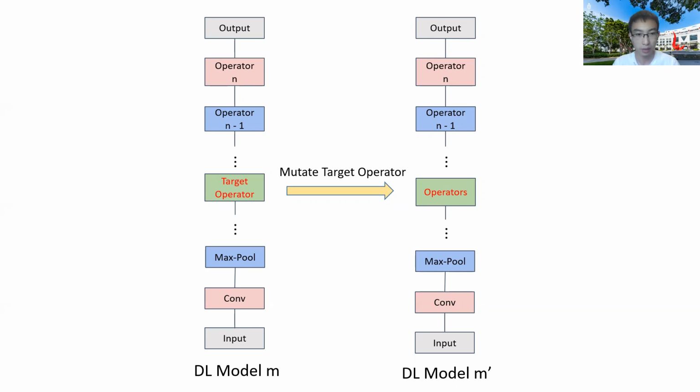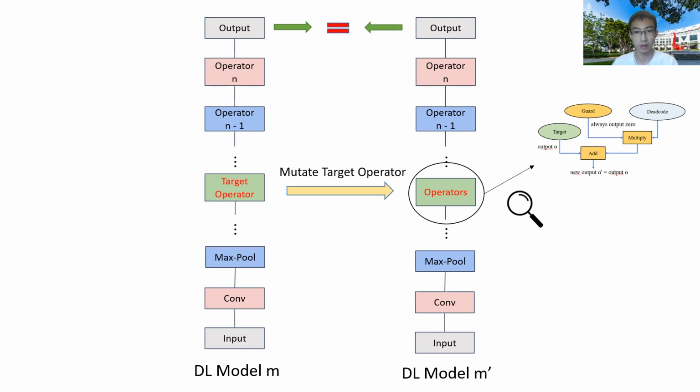And we mutate the target operator to get a new set of operators, which is on the right-hand side. By doing so, we get a new model M prime, which has the same computational graph, except in the green part. The only constraint with our mutation is that the mutated model M prime should produce the same output as its original model M, so that M prime is equivalent to M.